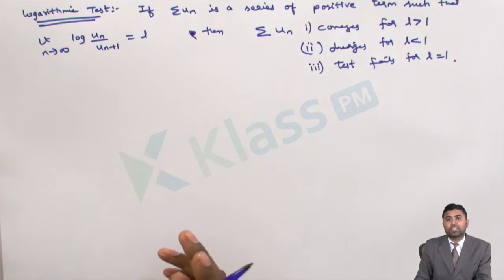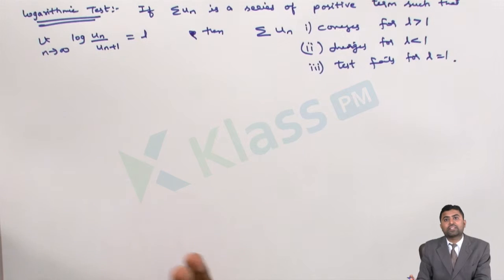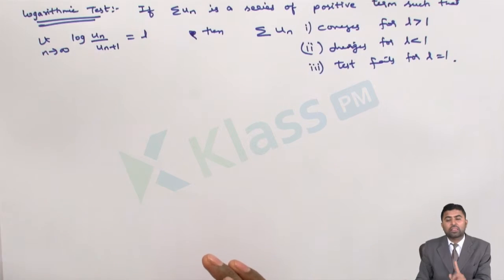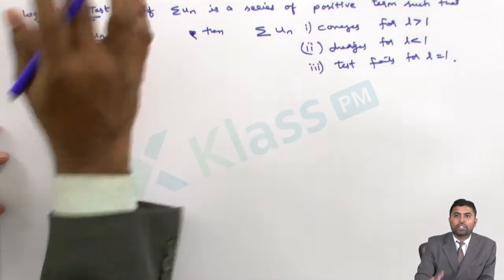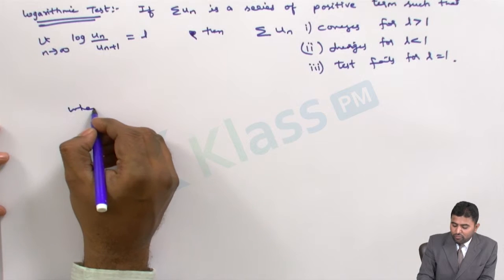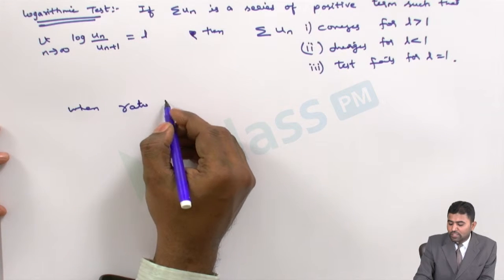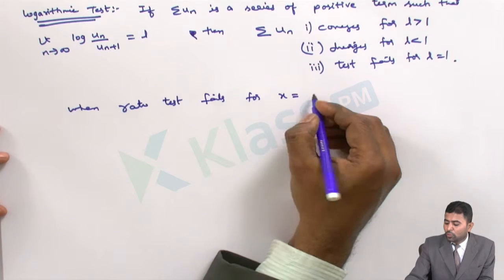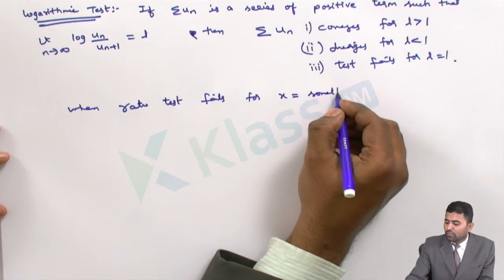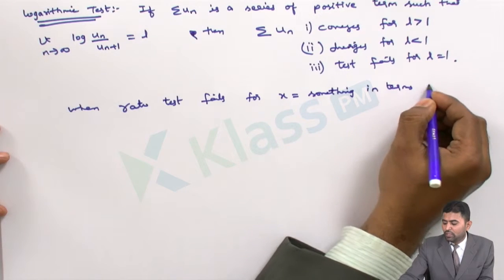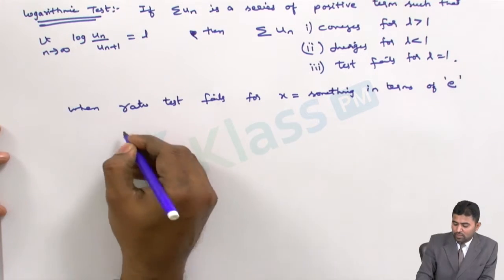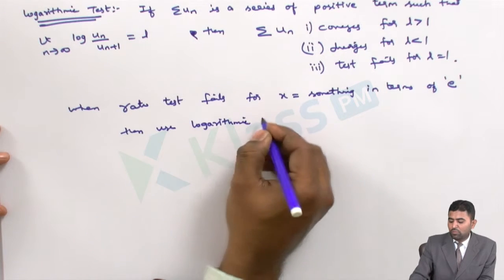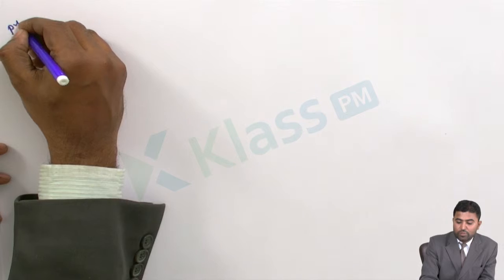Whenever the ratio test fails for x equal to something in terms of e, then we need to make use of the logarithmic test. Okay, problem 1.